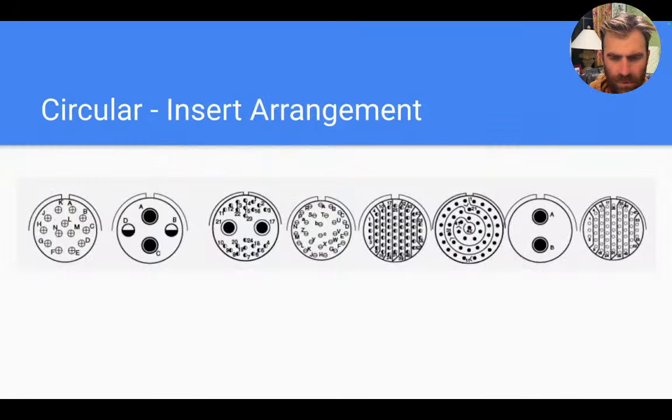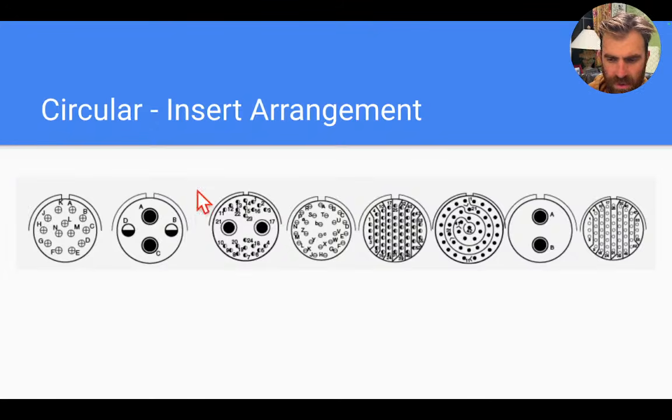Okay, and then some more about inserts. So like I said, looking at the insert of the connector itself, you can see there are these little numbers or letters that go around the insert, and these are just to identify where the wire is located within the connector.